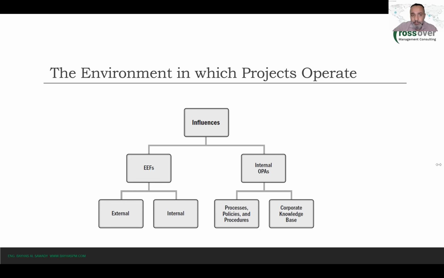That was an important point that we explained in the last lecture. Yes, the portfolio manager, the portfolio management. It's the responsibility of the portfolio management to select the right projects and the right programs, while the responsibility of the project manager and the program manager is to do the projects right.